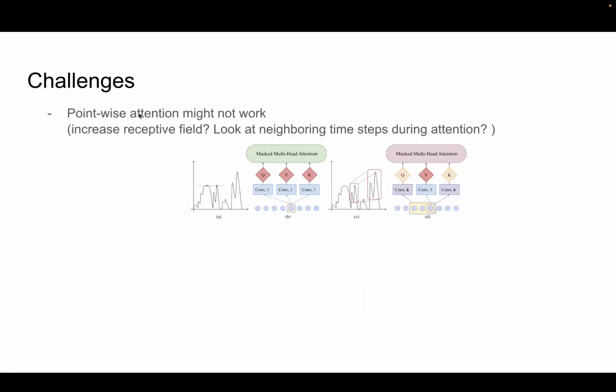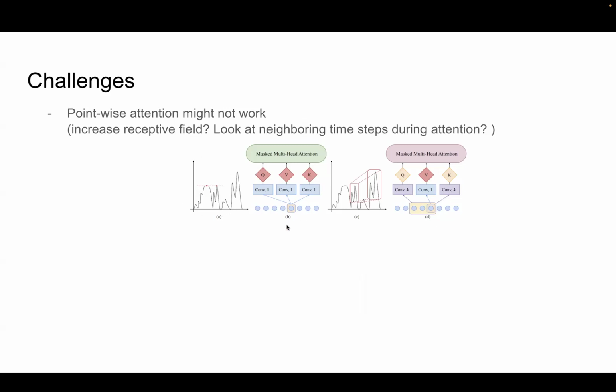And there are some challenges with the vanilla transformer model. First, if we look at just one time step in the attention mechanism, if we represent each time step as a separate feature vector, then it's very hard for the attention mechanism to figure out which steps to look at.